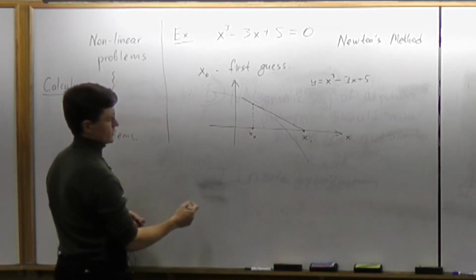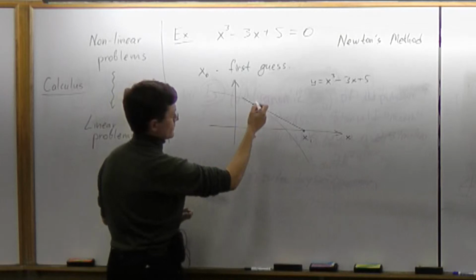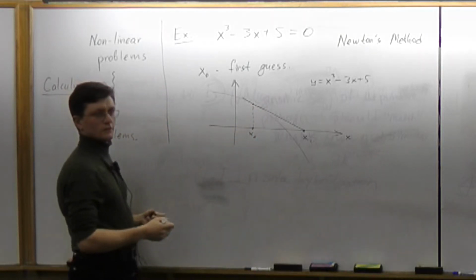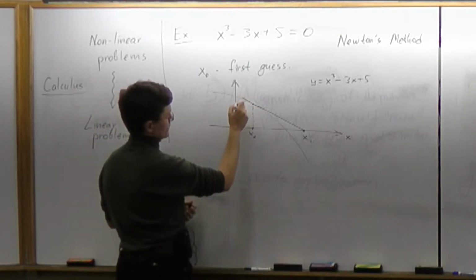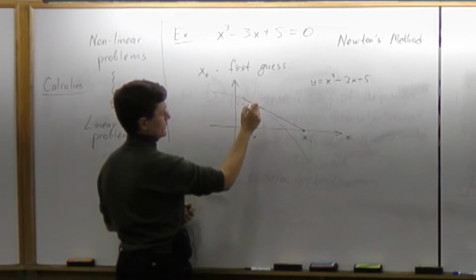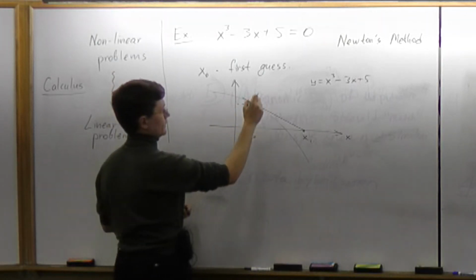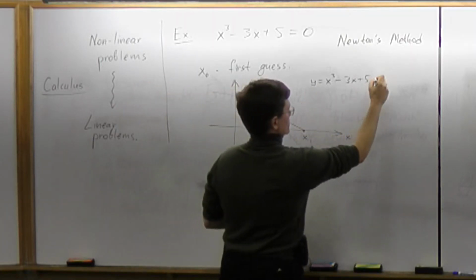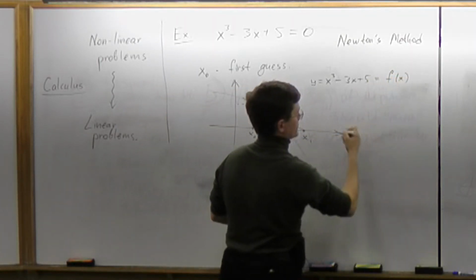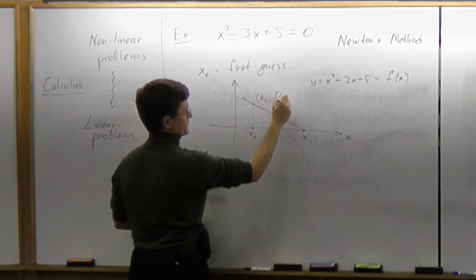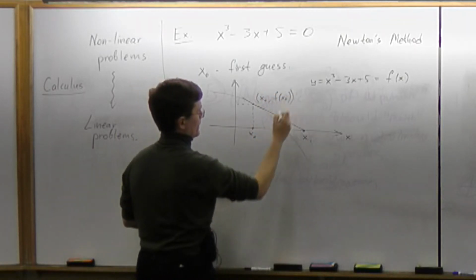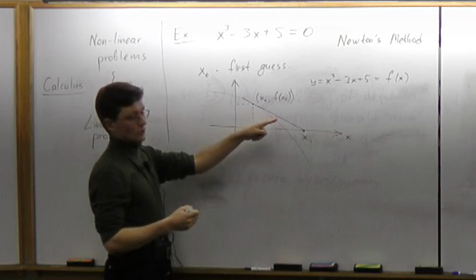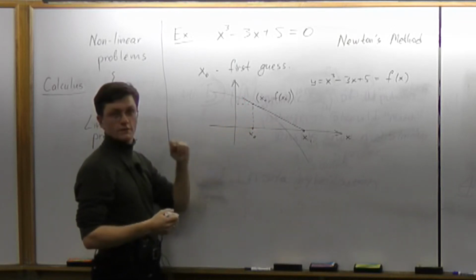So how do we do it algebraically? Well, algebraically you write down the equation of the tangent line. Right? How do you do that? Well, you know this point on the plane, that is x0, comma, let's call this f of x, a function of x, comma, f of x0. And also you know the slope of the tangent line, that's the derivative at x0.